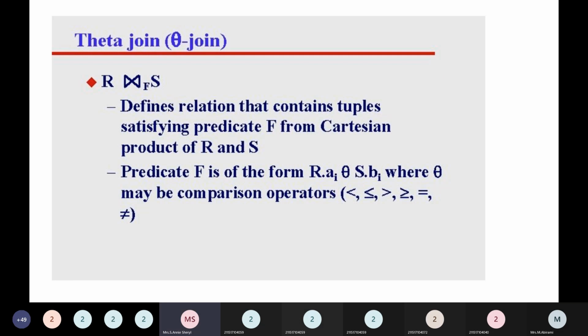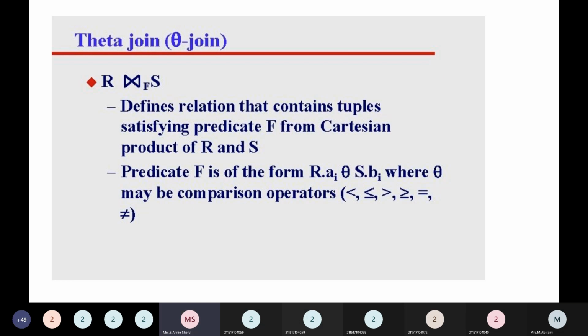When comparing these two, the operators we use are less than or equal to, greater than or equal to, or not equal to. These are the predicate functions we are going to use. The function indicated by F is your predicate. The predicate is of the form R.A1 theta S.Bi.